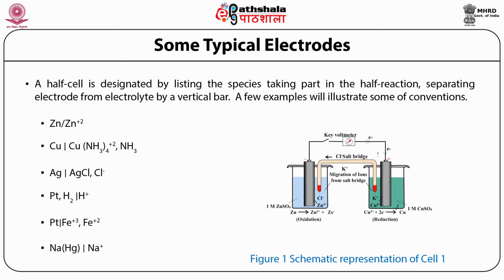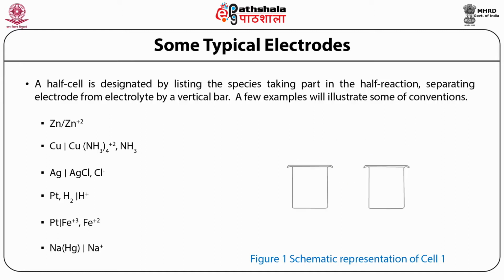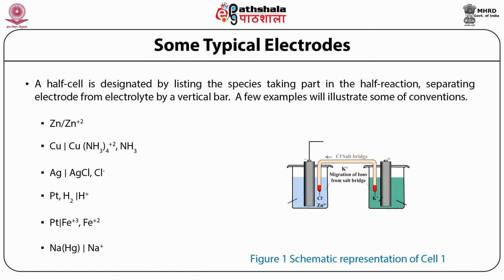In the case of a gas electrode, in which the solution is saturated at a given pressure with the gas as it is bubbled over the surface of an inert metal electrode, it is represented as platinum hydrogen, hydrogen ion or protons.